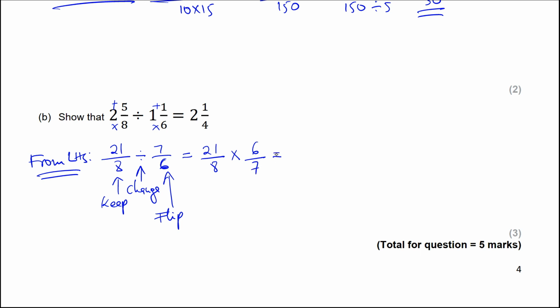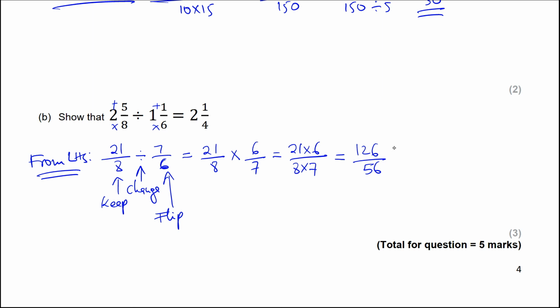And then when you multiply fractions, you just multiply numerators and denominators, and that will give you basically the numerator will be 126, the denominator will be 56.